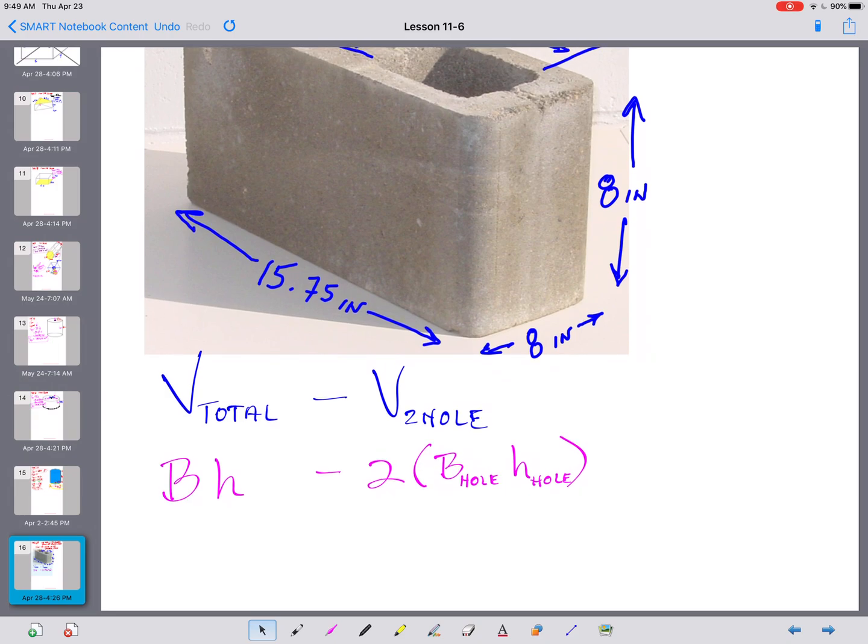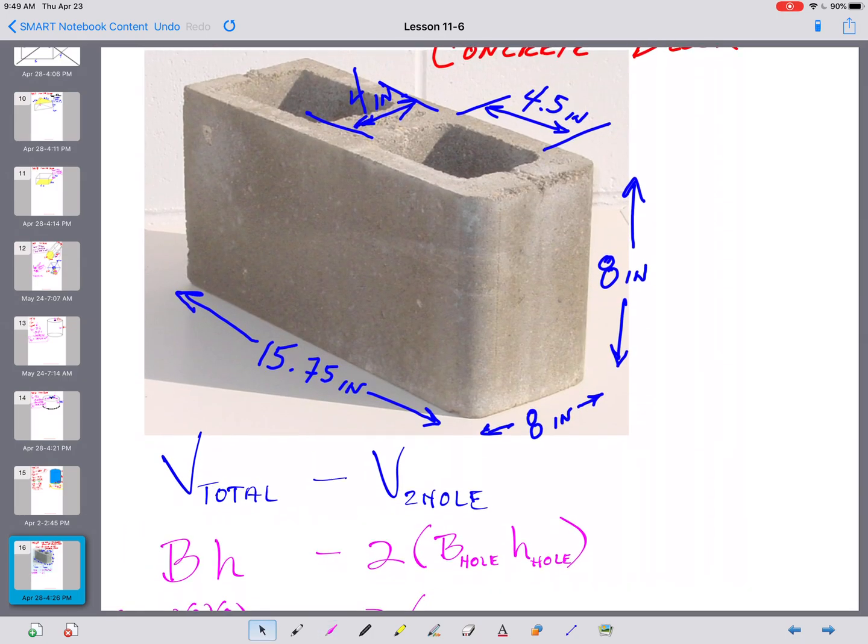Now, base area of the whole thing. Well, it's 15.75 by 8, times 8. What's the height of the whole thing? It's just the 8. Minus 2, because there's 2 holes. Each hole: what's the area of each hole?